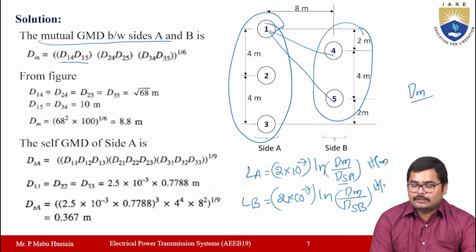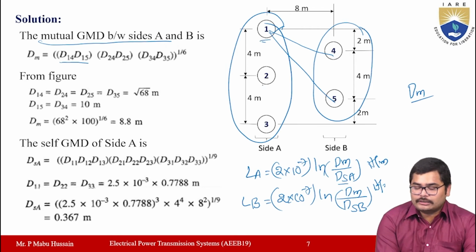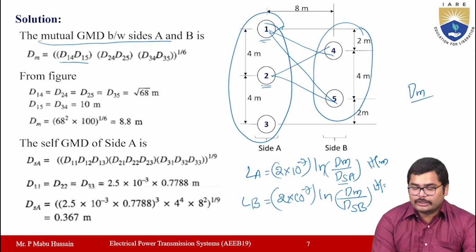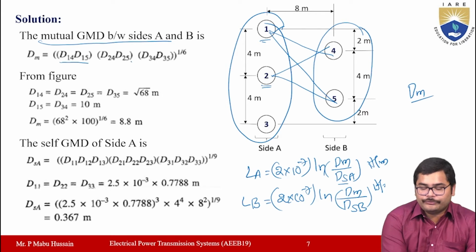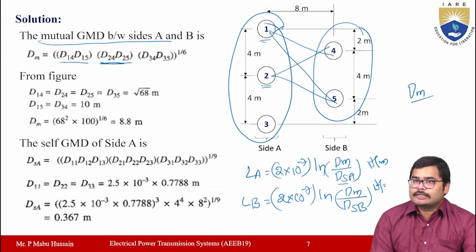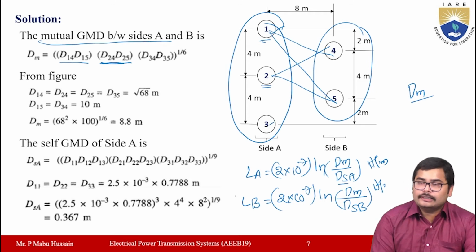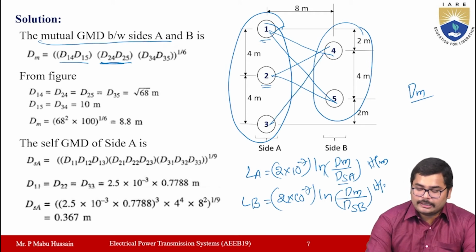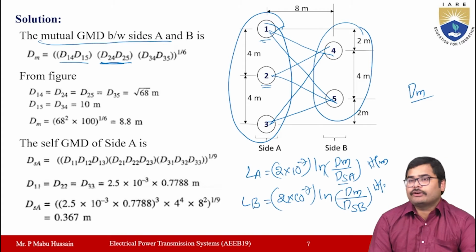If you consider subconductor 2, then the mutual distances will be D24 and D25. This will be another set of mutual distances. Now if you take subconductor 3, then you will get the mutual distances D34 and D35.